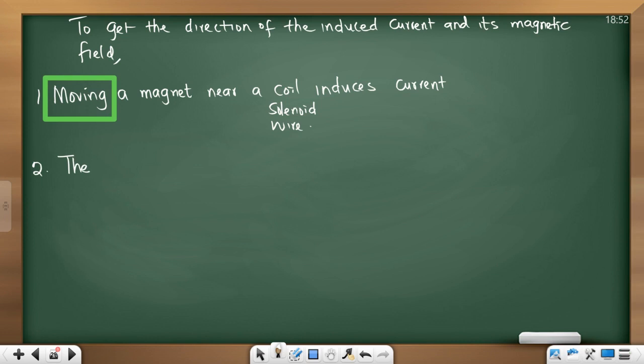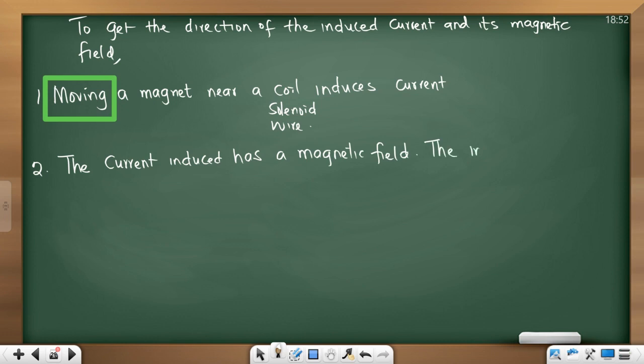The current induced has a magnetic field. I mentioned that earlier on. The current induced has a magnetic field, okay?